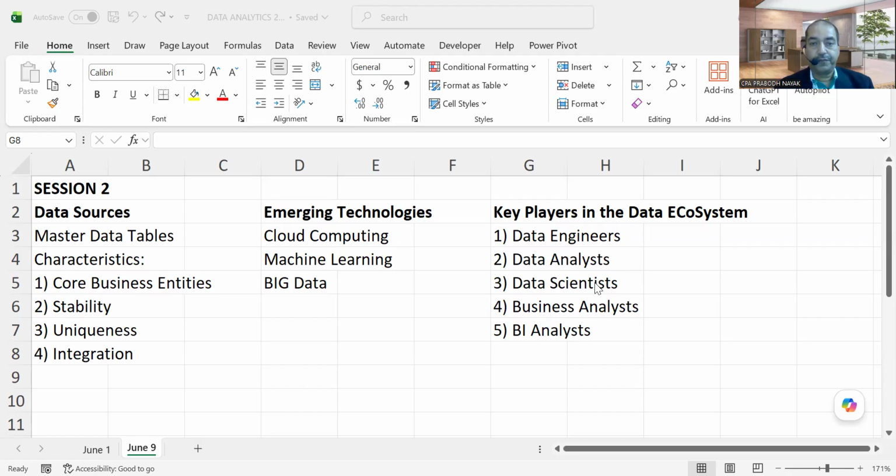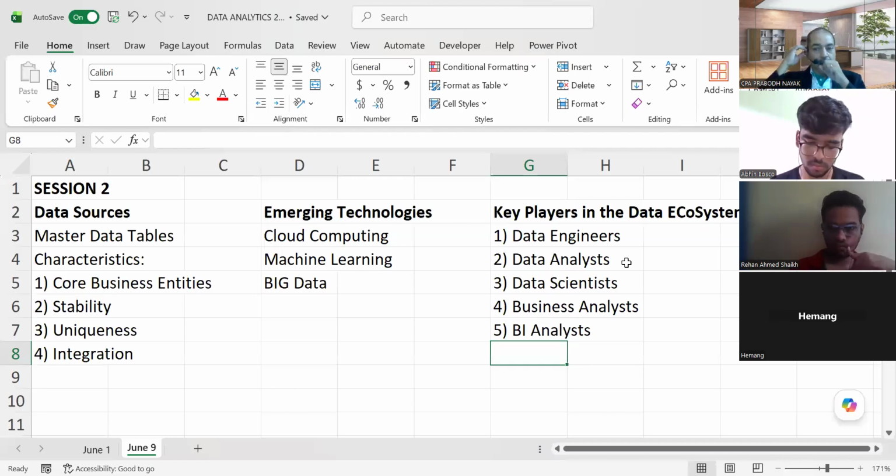Clear? Anything that is difficult here? Have you understood all these five people? Key players in the data ecosystem. Have you made notes on them?